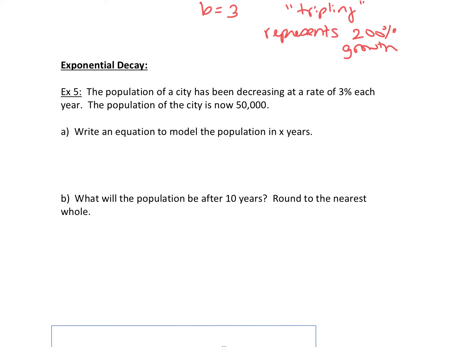And then another very common example of exponential decay is if you want to know how old a fossil is, they use radioactive decay. So the amount of radioactive substance decreases exponentially. Or not radioactive, sorry, carbon dating they use.